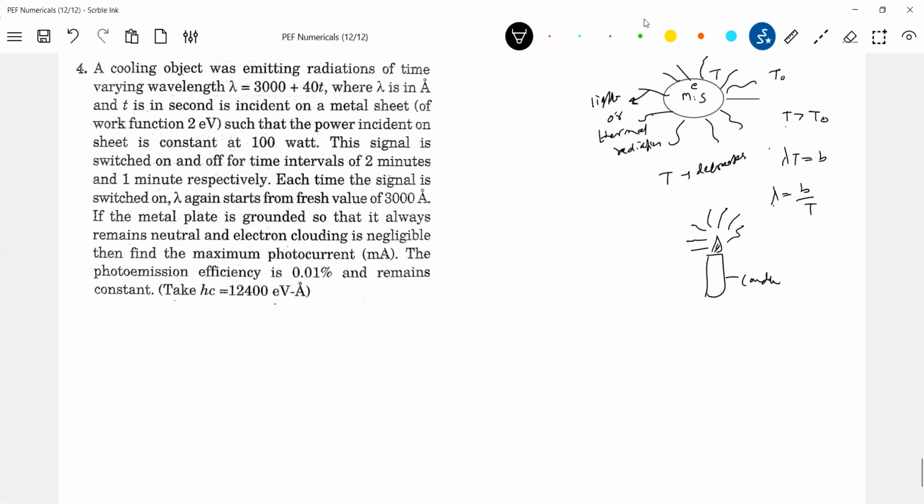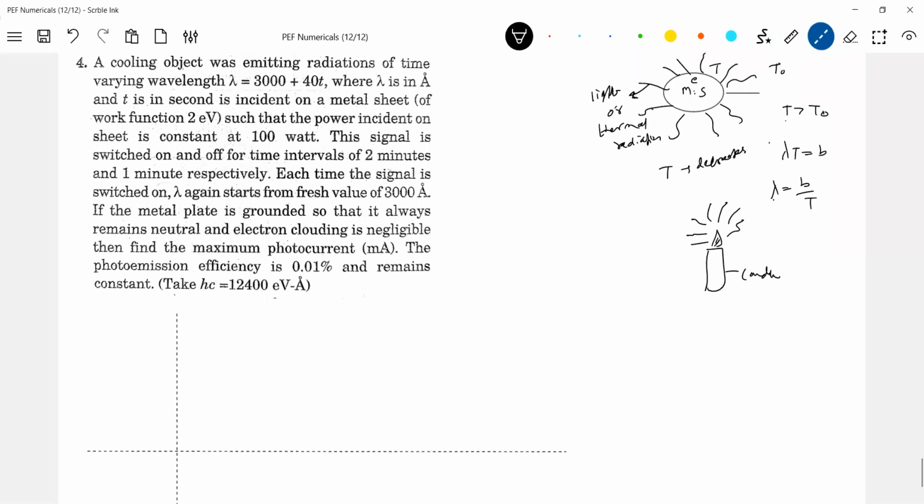So let's plot the graph, so that from the graph we'll see what information we get here. 2 minutes, how much will it become? 120 seconds, no? Then the maximum will be 7800.